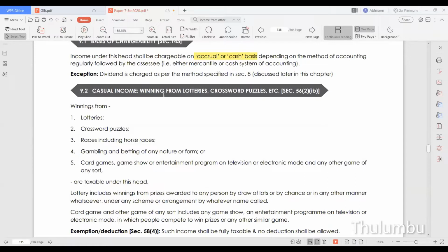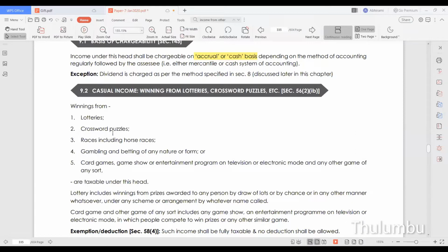So casual income enna winnings from lottery, crossword puzzle, races including horse race, gambling and betting of any nature or form, card games, game show or entertainment program on television or electronic mode, and any other game of any sort. So இது எல்லாமே வந்து is taxable under the head income from other sources.